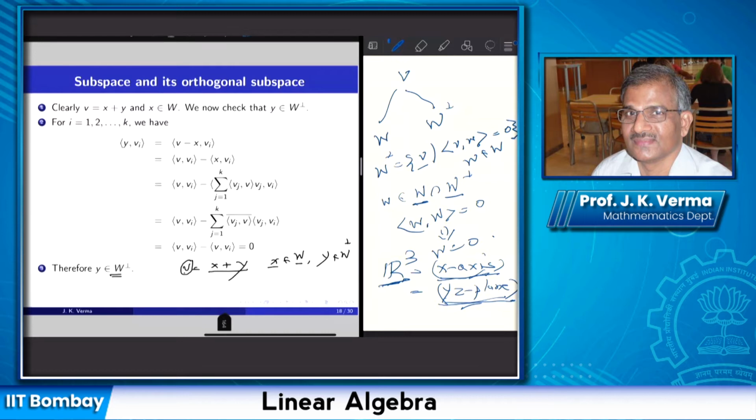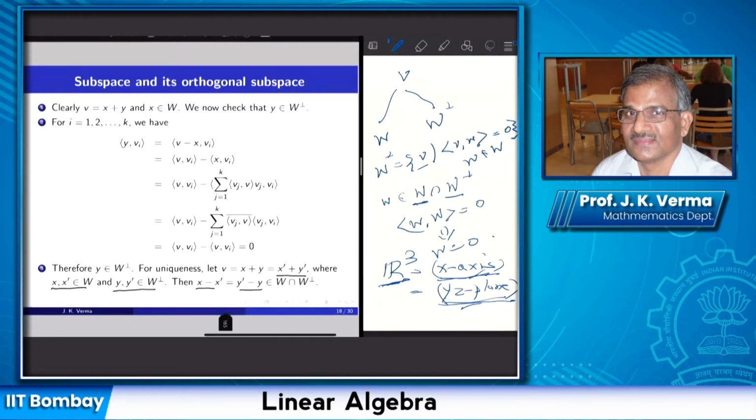Okay, and let's show that the decomposition is unique. Suppose I have another decomposition, X prime, Y prime, with the same property, that X prime is in W and Y prime is in W perp. Then I subtract and I get X minus X prime equal to Y prime minus Y. But Y prime and Y are in W perp, X and X prime are in W, and these two vectors are equal.